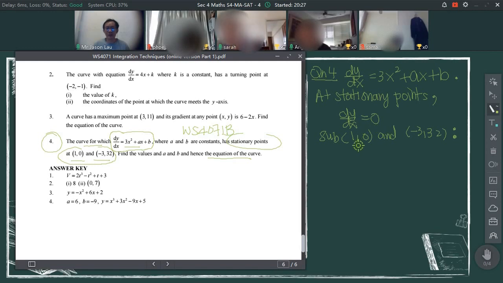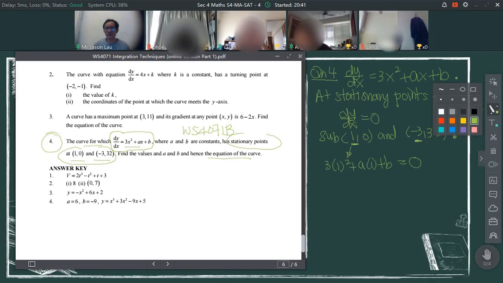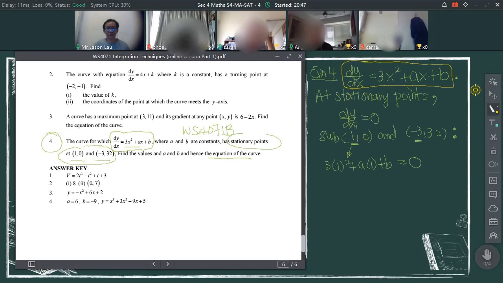You sub in 1 first, you get 3(1 squared) plus a(1) plus b equal to 0. Then you simplify the equation a little bit, you get a plus b equal to -3.